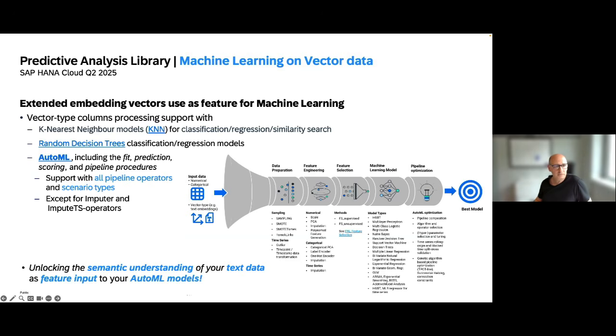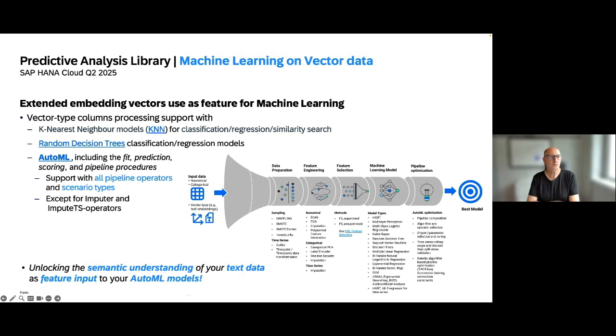If we think of our AutoML engines for classification, regression, and time series forecasting, we can now simply feed in vector data as kind of a first-class citizen data type into the AutoML pipeline, and it can be processed as part of the model fitting or prediction or evaluation, etc. So it's just like any other data type, a key enhancement which opens up many more opportunities for leveraging text data or embedded text data as part of your AutoML model.